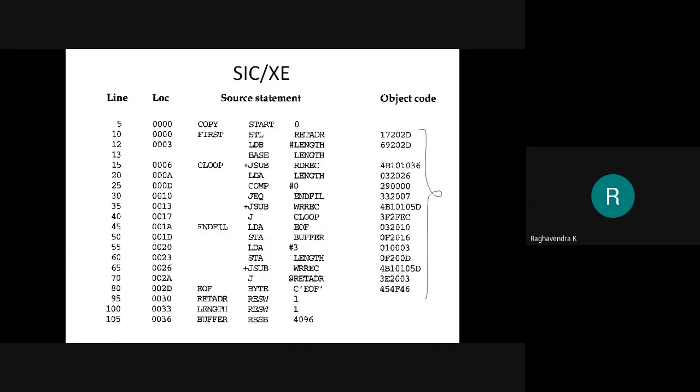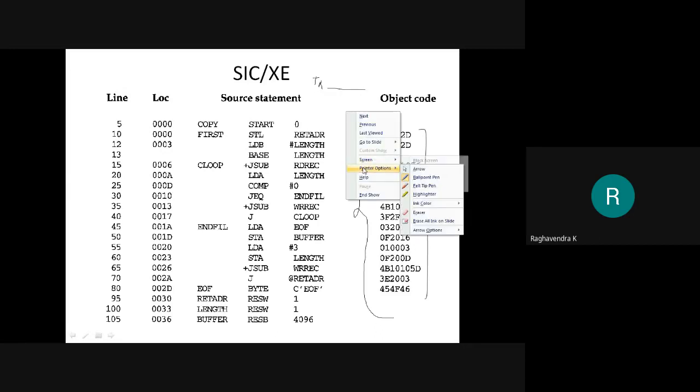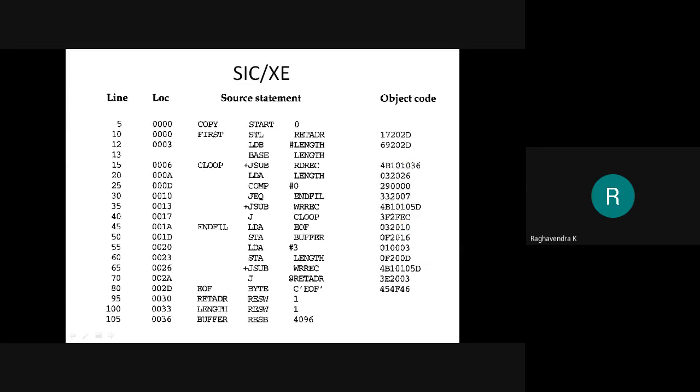Once we are done with all the instructions, it would look something like this. This is the object code that has been generated. The same object code has to be put into the object program format, which is the text record format. I'll show you the object program later, but this is how we generate the object code.